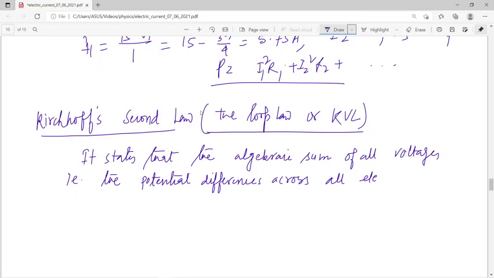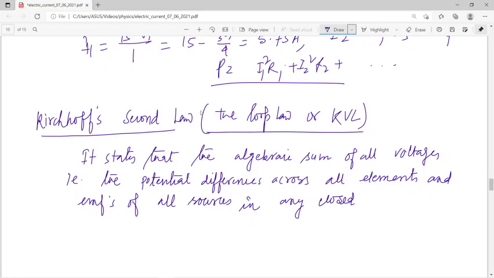This is a voltage law, so the potential differences across all elements and EMFs of all sources in any closed electrical circuit is 0.